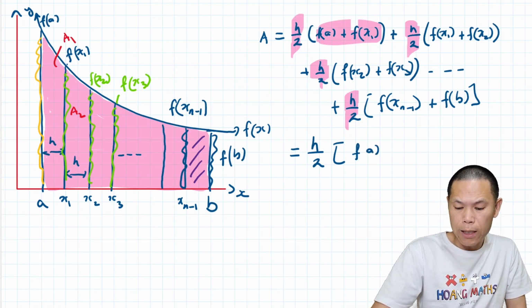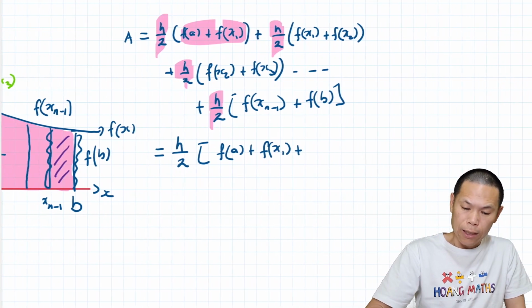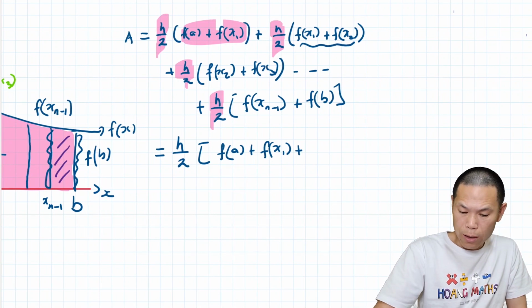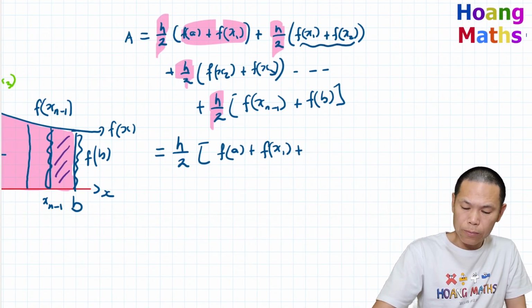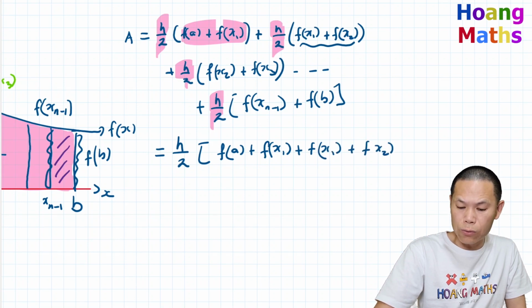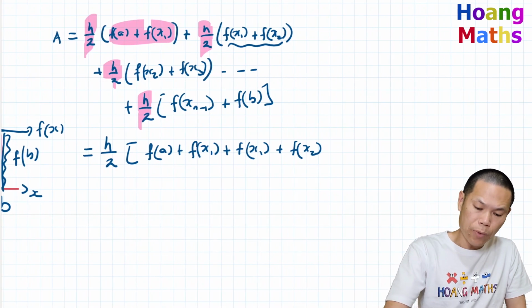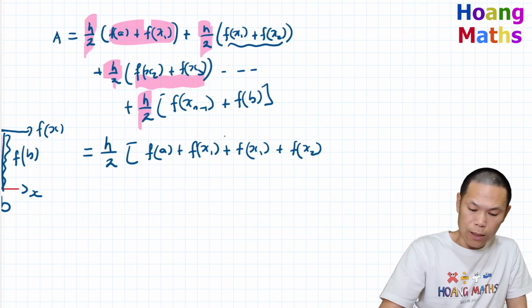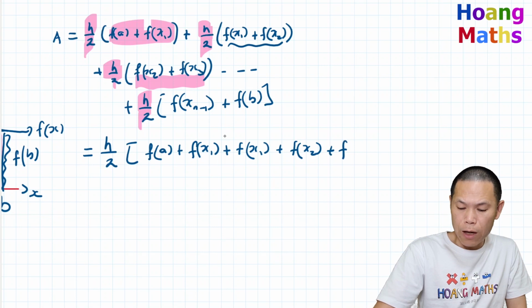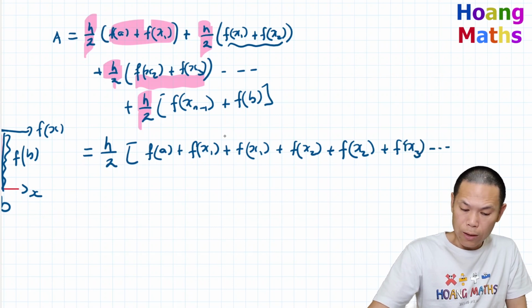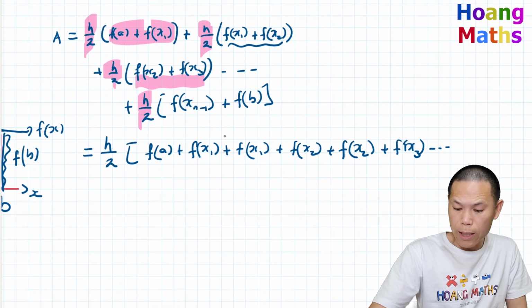This term leaves us with f of x1 plus f of x2. The next term leaves f of x2 plus f of x3, and so on. And then the last term is f of b.